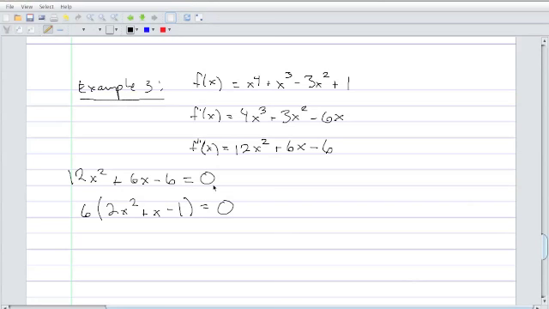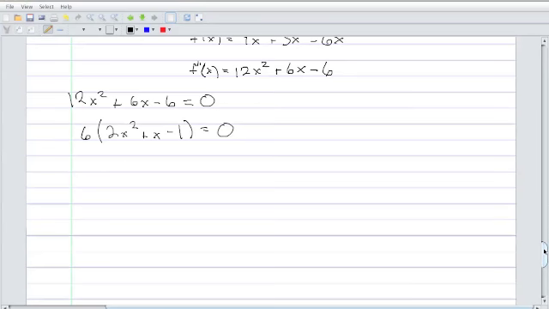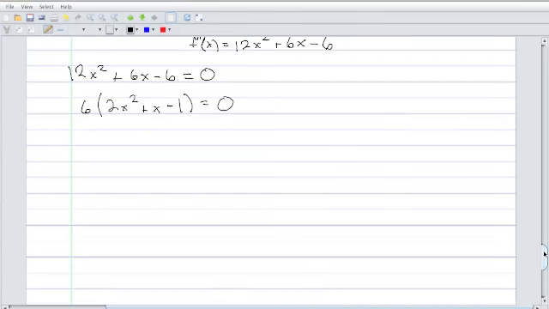I think in the last class I did a factor like this, and I forgot that you could factor out like I just did the 6. So, but now you see we still have this coefficient that's not 1.